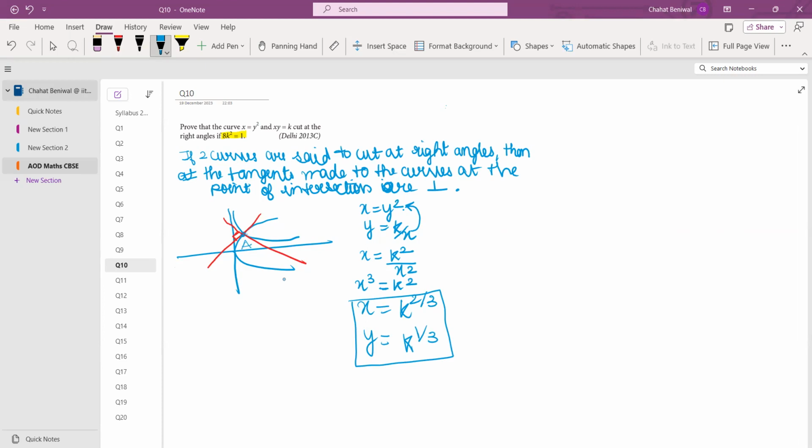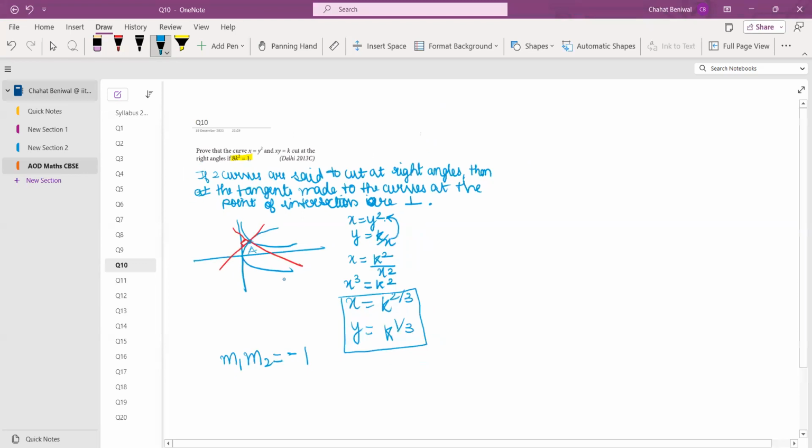So now, we know that the tangents to both the curves at this point are perpendicular. So the product of slopes is going to be -1. When two lines are perpendicular, suppose they have slopes m1 and m2, then m1 into m2 is -1.